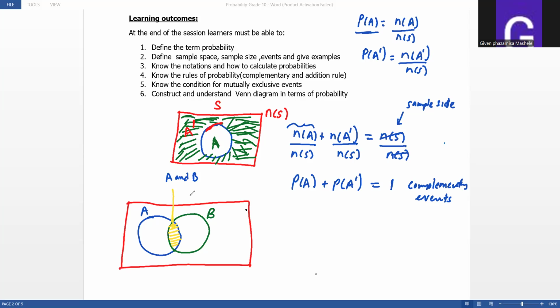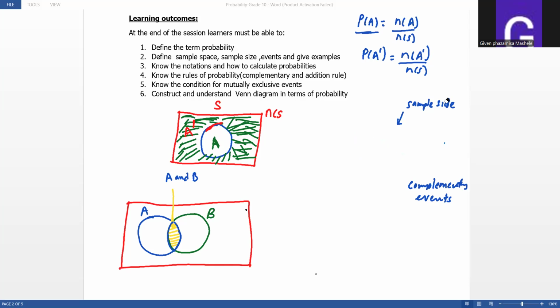And if this part is the A and B here, how about the remaining parts? Because we need to be able to explain each of that. So the A and B is the occurrence of A and B, the events A and B are occurring at the same time.